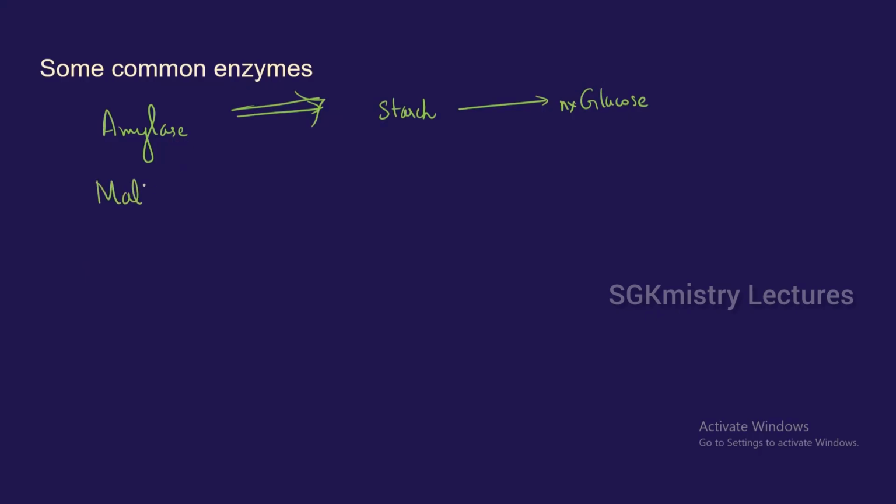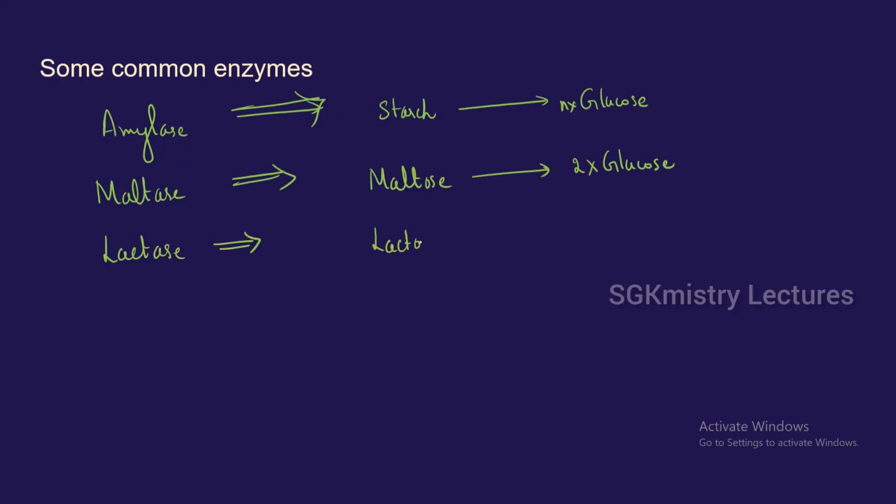In the same way, maltase, I already told, catalyzes the hydrolysis of maltose to glucose. Then we have lactase, which catalyzes the conversion of lactose sugar to glucose and fructose.